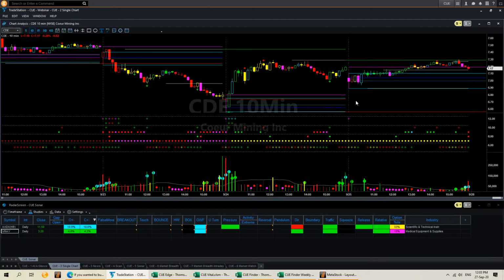Let's look at it. Initially the stock opened down, not much. This was Thursday's close. It opened down a little bit on Friday. It didn't go below the early range low. Instead it went above the early range high, and somewhere here I took a long position and I am holding on to the long position.